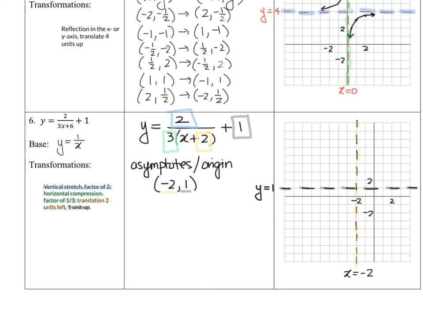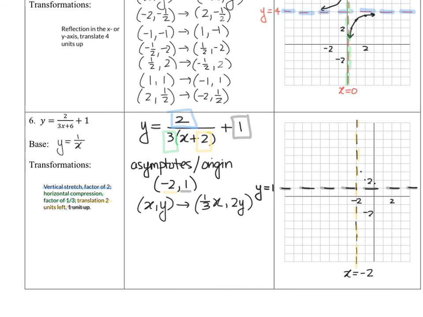So now that we have this, we can work on our modified mapping notation. So we're going to have x, y is now going to become 1/3 x, 2y. So what this really means is originally my points would have been at half, 2, 1, 1, and 2, half.